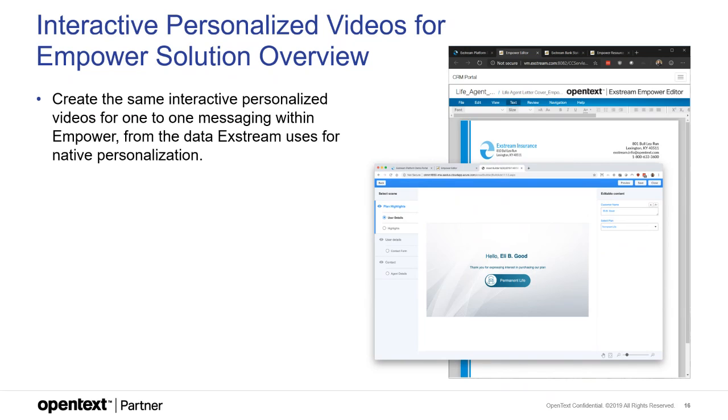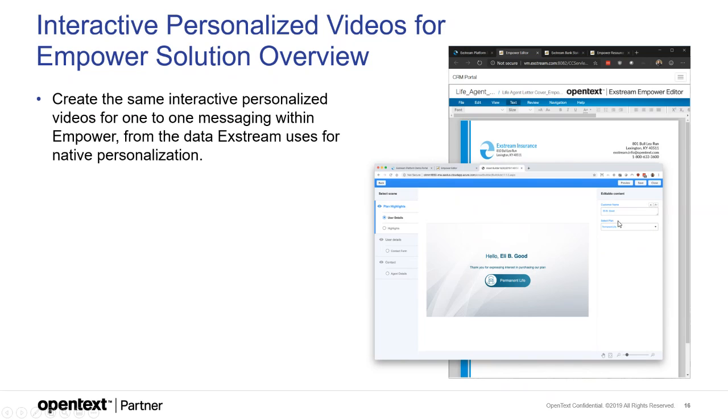Within your Empower editor, there'll be a button that you can click, and that will call up what is in effect the asset builder user interface. As you can see here, this is a video where you can select and change, for example, the user details, the highlights of the plan, the contact form, and the agent details. All of this is part of the video that's editable, and we simply edit it within this form here.